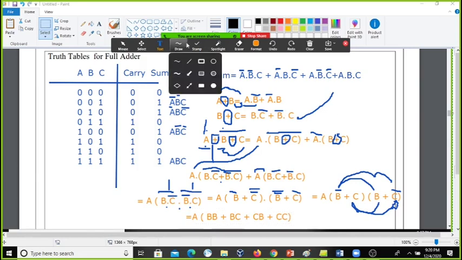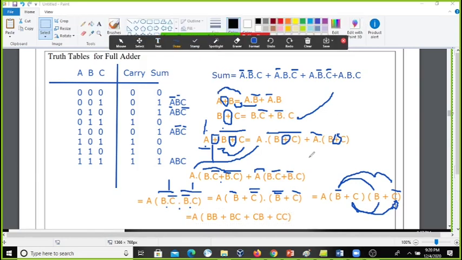So then you get B into B bar, B bar into C bar, and then C into B, C into C bar.